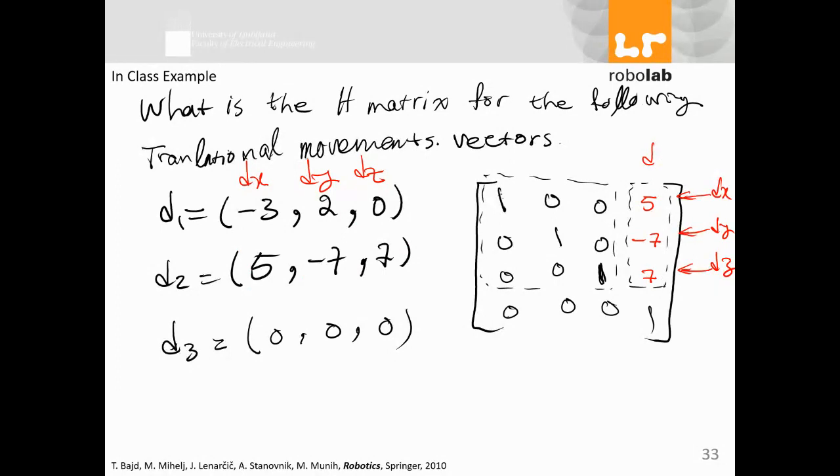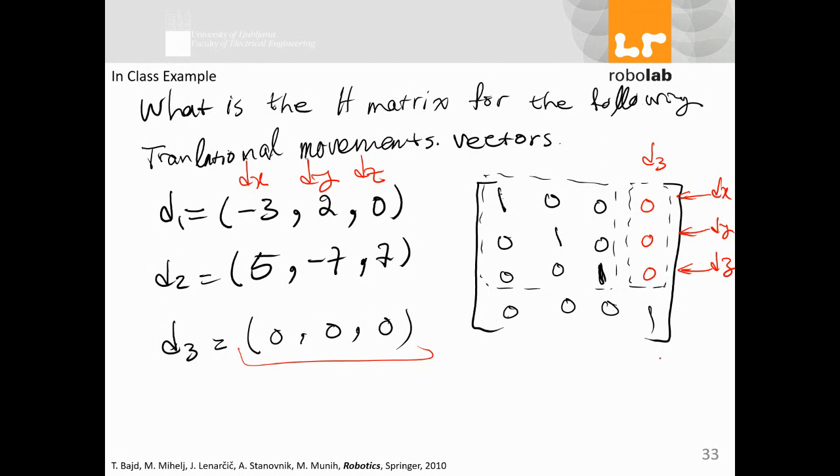And for D3, how much are we moving? Nothing. It says don't move in X and Y and Z direction. No change. So what I should put here is 0, 0, 0. So in that case, look at this matrix.